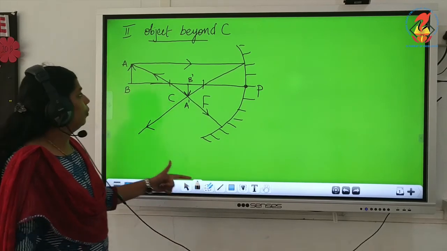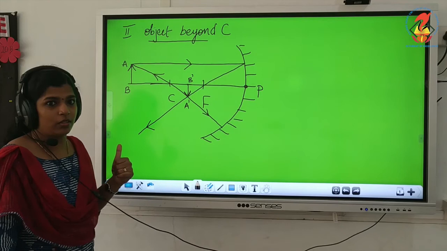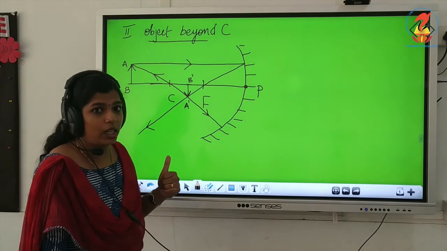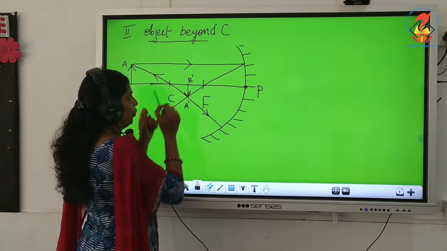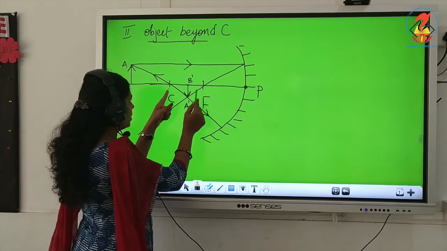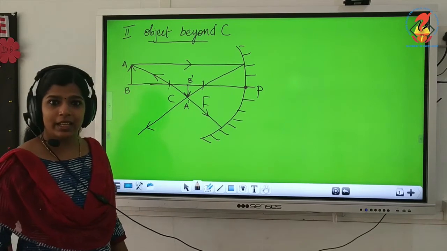Now, where is the image located? It's between C and F. Position of the image is between C and F.